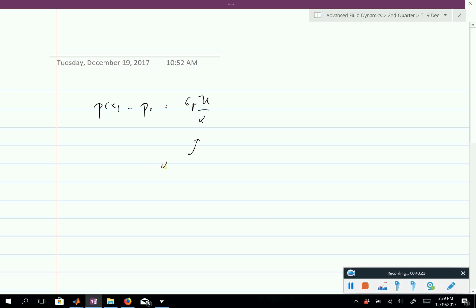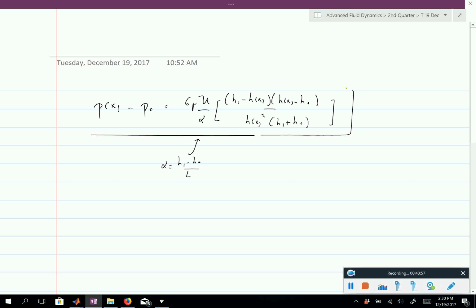Remember that alpha is equal to h1 minus h naught divided by L, times h1 minus h of x, times h of x minus h naught, divided by h of x squared times h1 plus h naught. That's the final expression for the pressure distribution underneath in our gap.